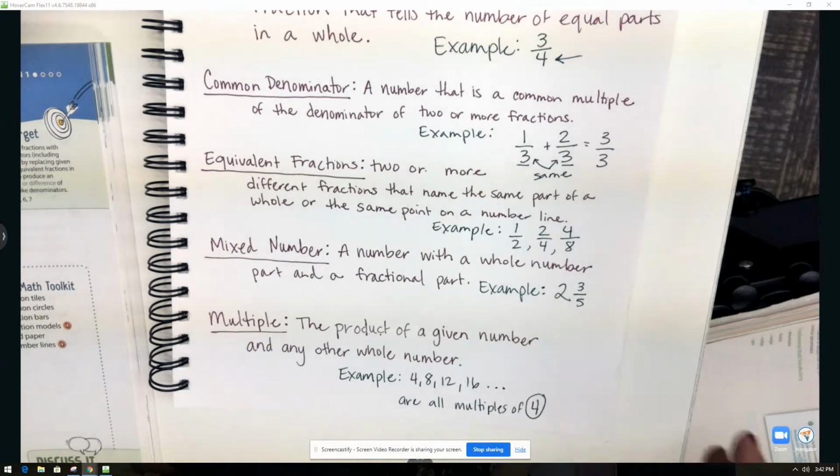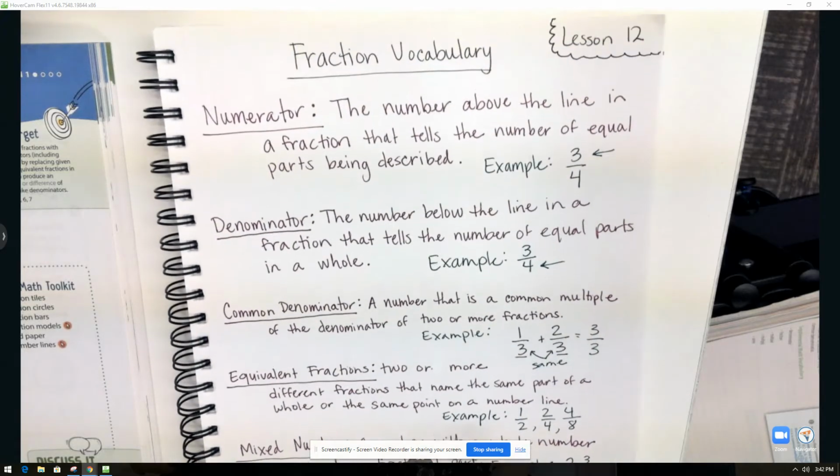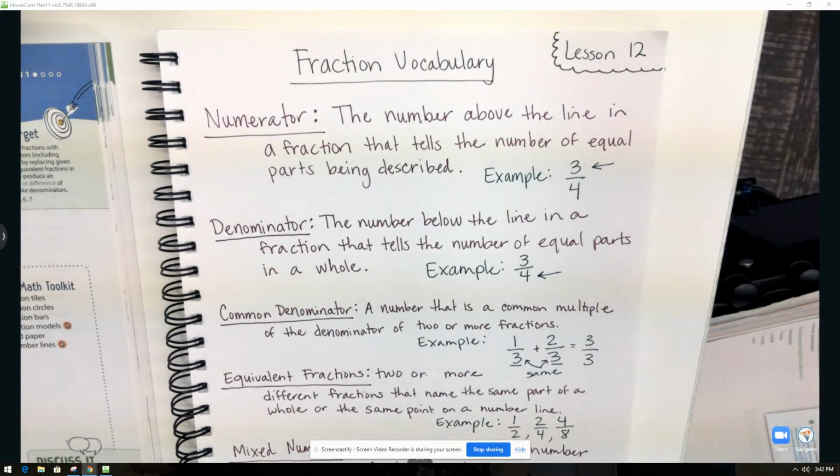And we could keep going on forever and ever. So all of that vocabulary is going to come into play as we start exploring adding fractions, and more specifically, adding fractions with uncommon denominators.